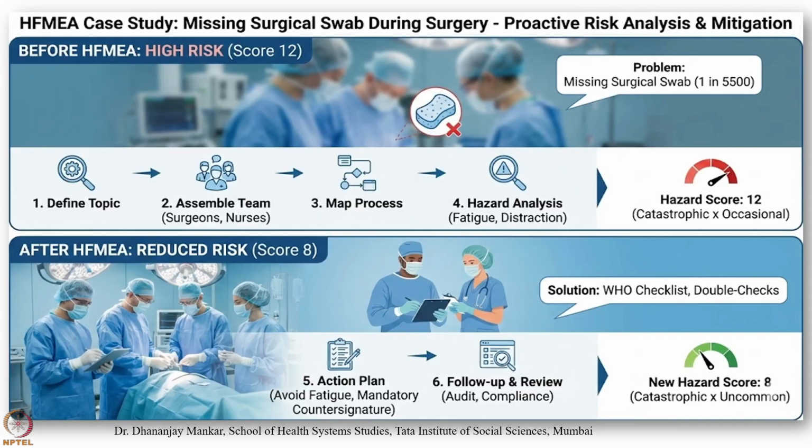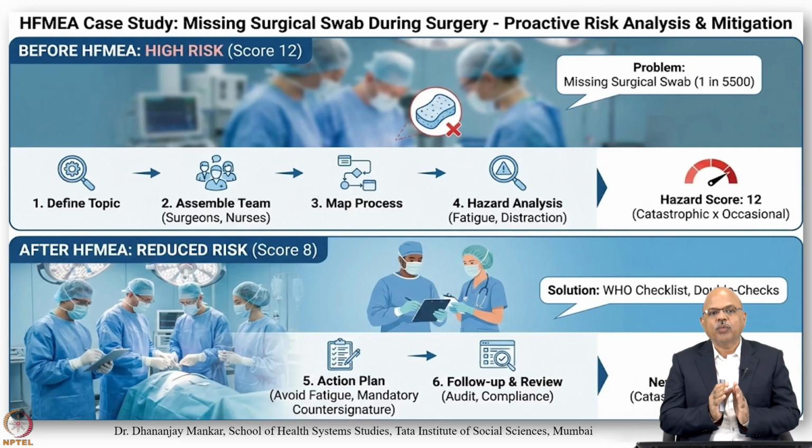Now the HFMEA case study. The case study is of a missing surgical swab during surgery, proactive risk analysis and mitigation. You defined a topic, assembled a team with surgeon, nurses, experts and quality members, mapped the process, hazard analysis was done and the score was identified as 12.